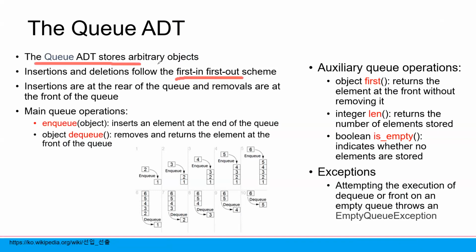So the queue ADT stores arbitrary objects. So you can use numbers, you can use strings, every object you have. And there are the basic operations of insertion and deletion. Insertions are at the rear of the queue, and removals are at the front of the queue.